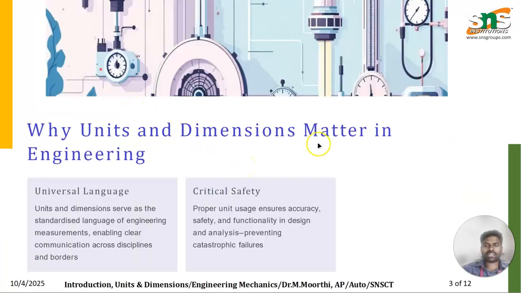So that is the important purpose of engineering mechanics. Why do units and dimensions matter in engineering? If you take any quantity or measurement without the unit and dimensions, it is meaningless. Unit is a universal language. Units and dimensions serve as the standardized language of engineering measurements, enabling clear communication across disciplines and borders.